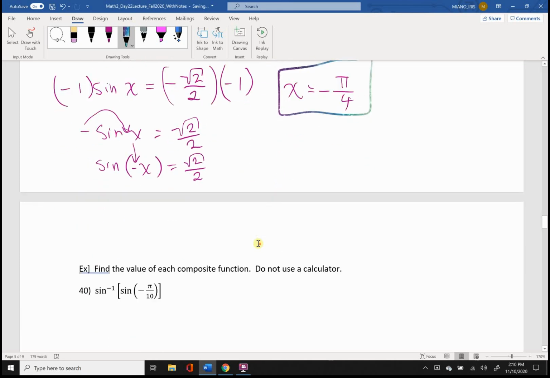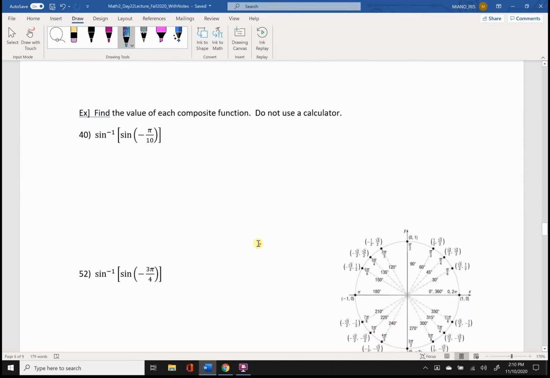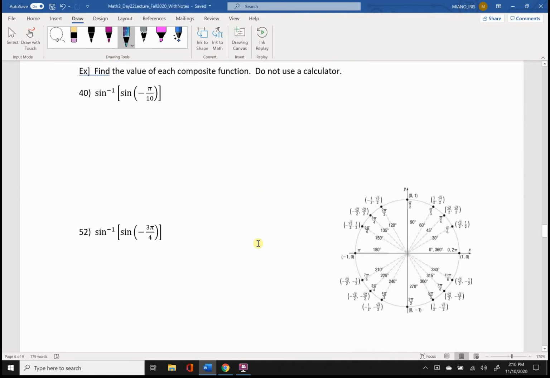Okay. Now, we have some composite functions to deal with here, and they can get a little bit dicey, but don't worry. I've got a unit circle here that's going to help us, particularly with number 52. We've got to do some jumping around here. With number 40, though, since negative pi over 10 is not a famous radian angle measure that we're used to working with, I know that pi over 10 is going to be less than pi over 2.